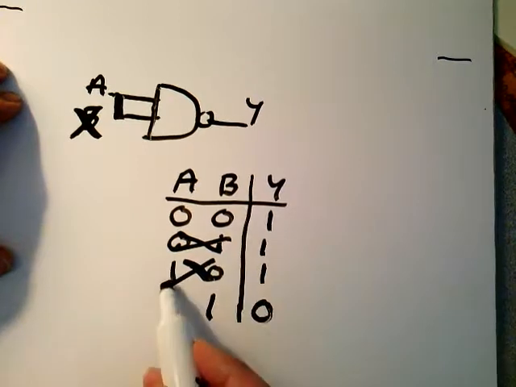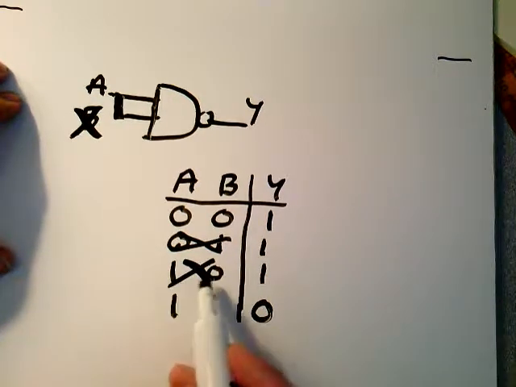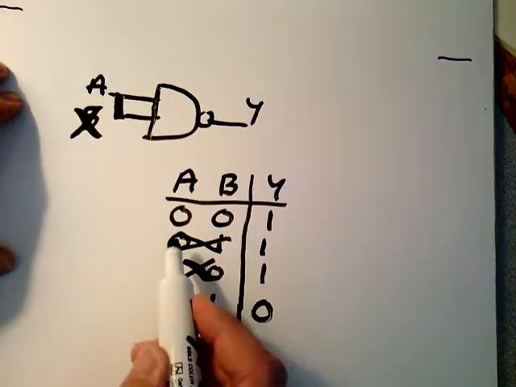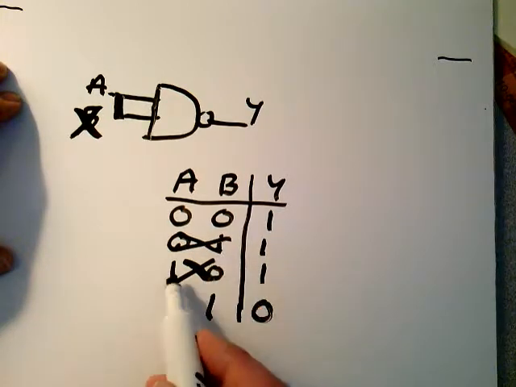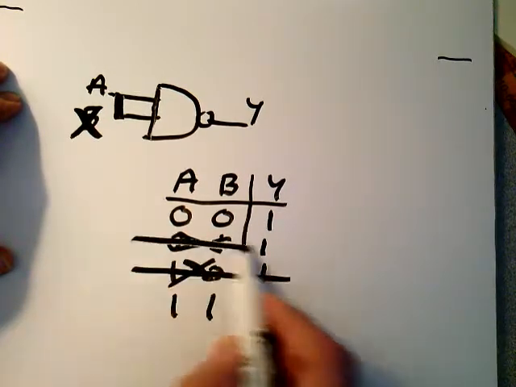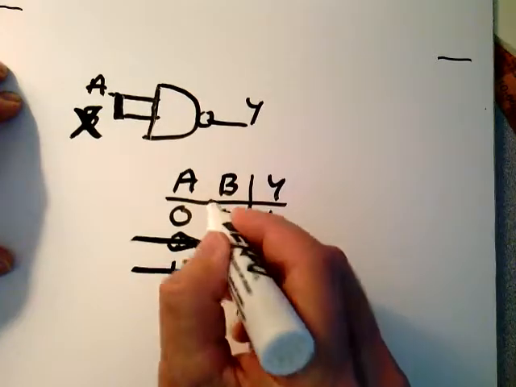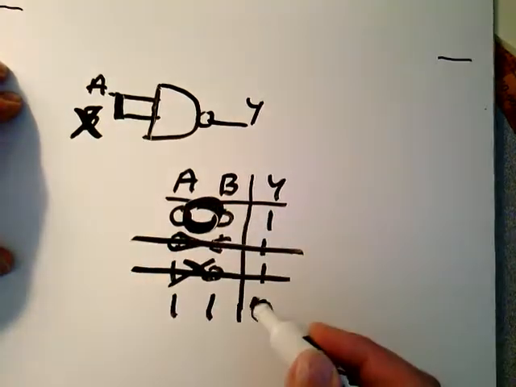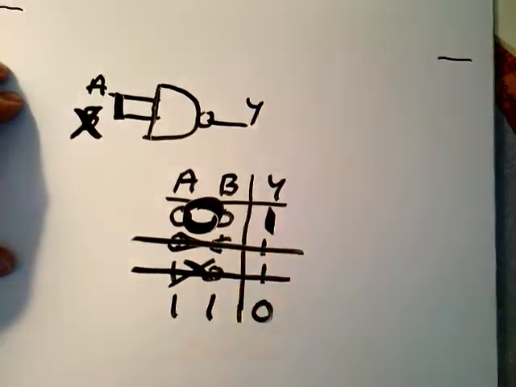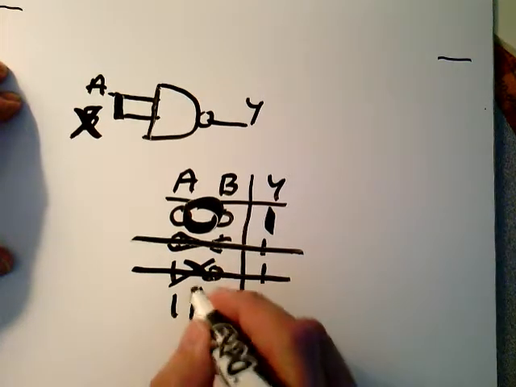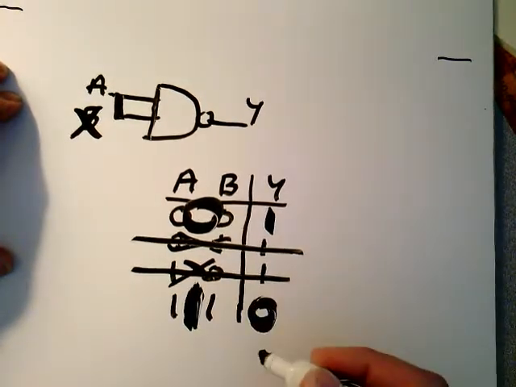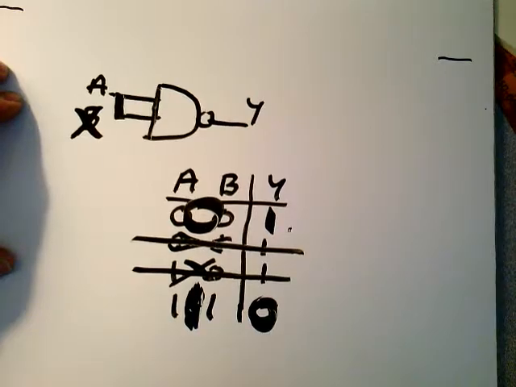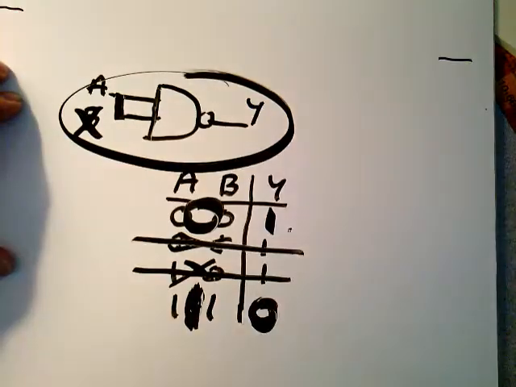How can A be at 5 volts and B be at ground? Or how can A be at ground and B be at 5 volts? These can't happen. You either have the input being 0, and you get an output as a 1, or you have the input as a 1, and the output goes to 0. That's an inverter. That's a way of drawing an inverter.